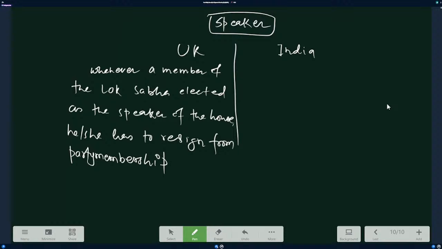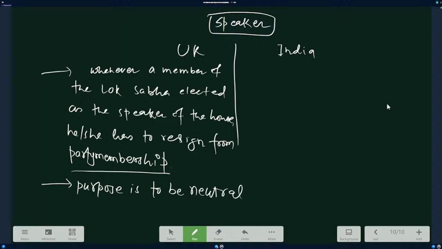What is the purpose of neutrality? Purpose is to be neutral in the house. He should not take sides of any party.